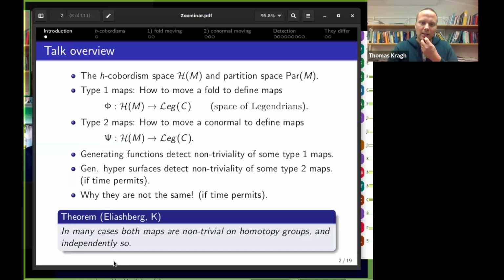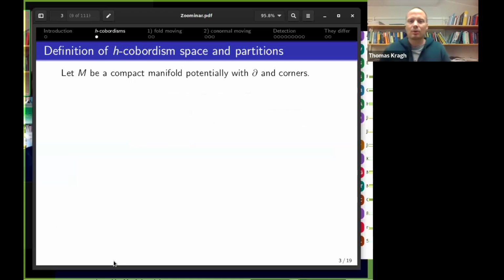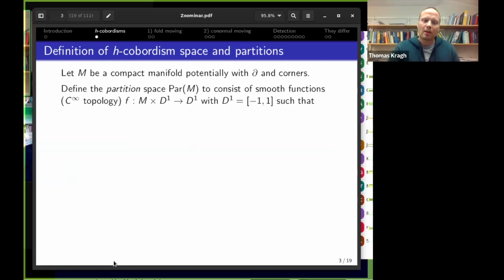Yes. So that's the plan for today. Let's start with these partition spaces and h-cobordism spaces. Let M be a compact manifold; it can have boundary and corners and whatever. In fact, it can be a pretty ugly closed set inside a bigger manifold if you want to, but it doesn't really matter too much.